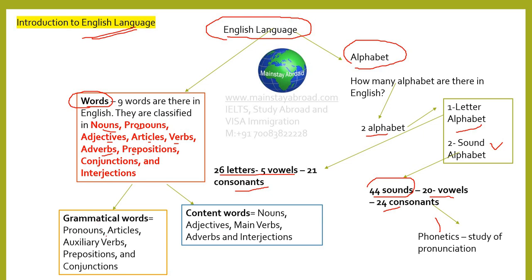Grammatical words are pronouns, articles, auxiliary verbs, prepositions and conjunctions. Content words, which are based on our ideas and knowledge, are nouns, adjectives, main verbs, adverbs and interjections. So this is the first and fundamental understanding before you get into the grammatical section.